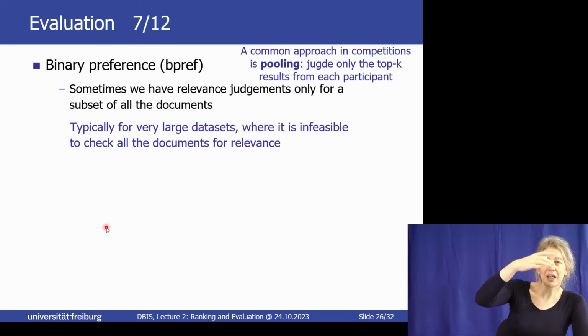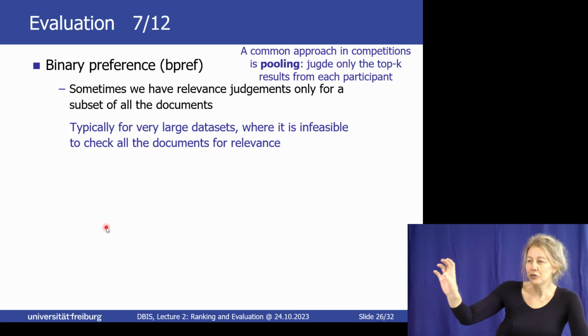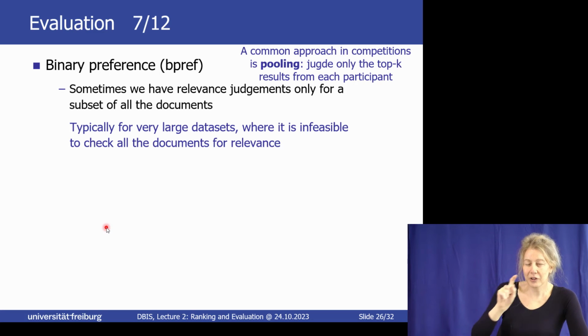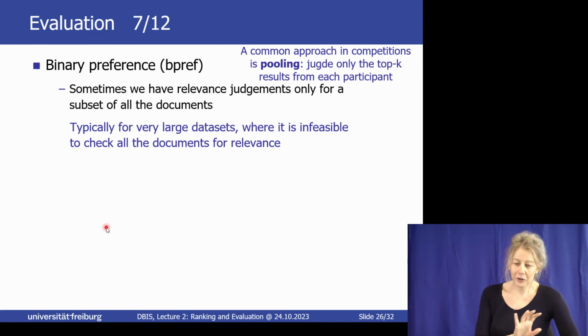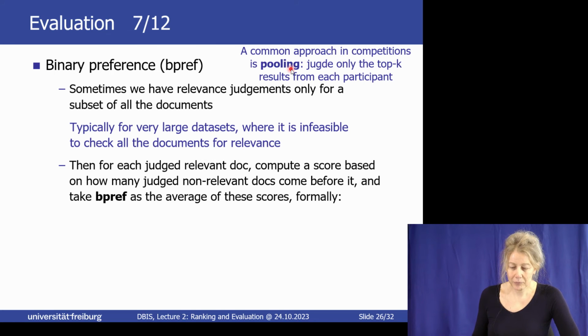And now you just take, let's say, the top 10 results from each search engine, and now you just judge those. You just go over those manually and say relevant, not relevant, relevant, not relevant. Now at least you get some relevance judgment. You have different search engines, and you just look at their top results and you judge those. This approach is called pooling, but this is just the motivation for this measure.